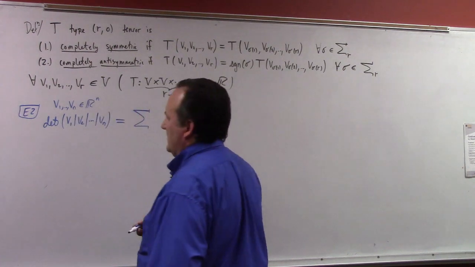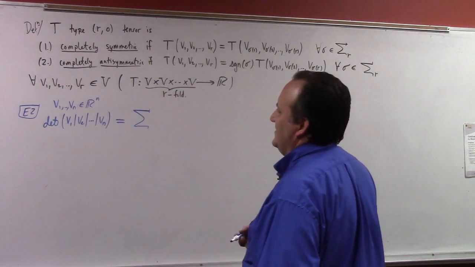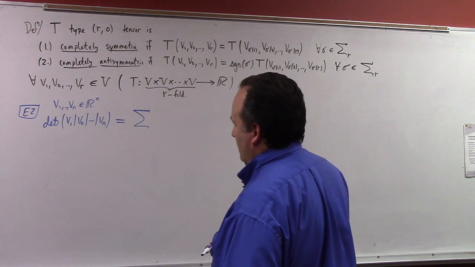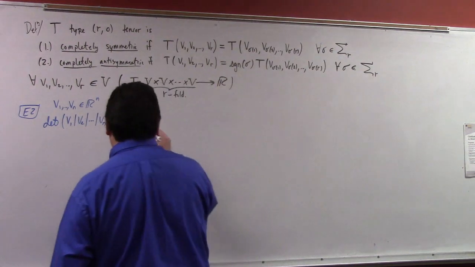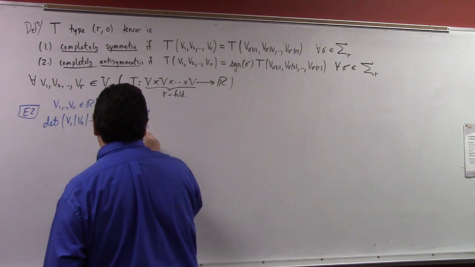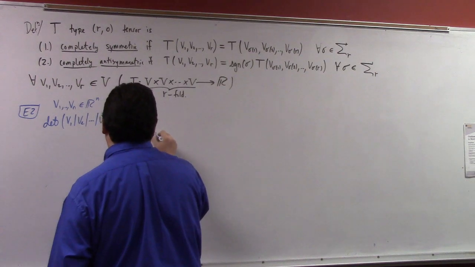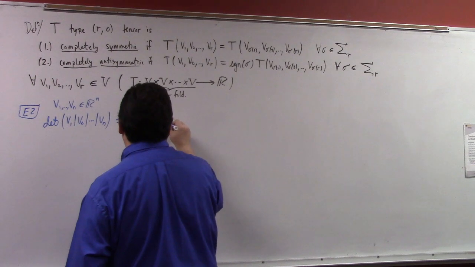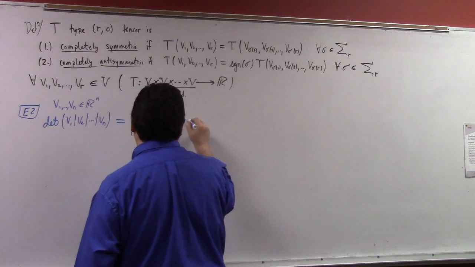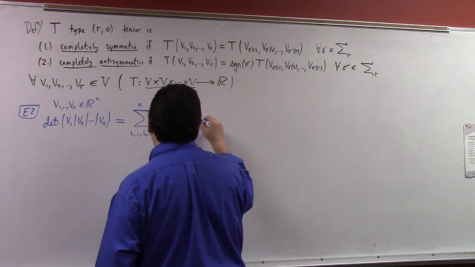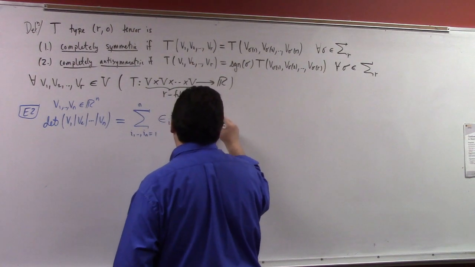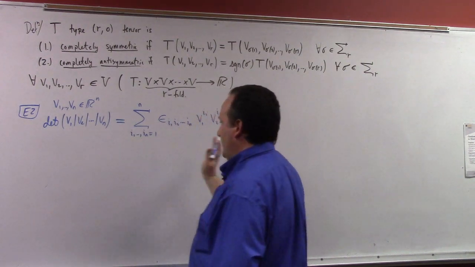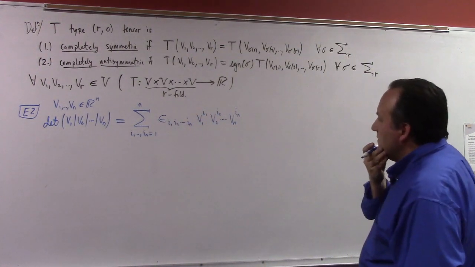I don't know if I know how to write the formula down in permutation. Just a second here. Here's my definition: the sum over I1 through In, 1 to n, of epsilon I1, I2, ..., In, times V1, I1, V2, I2, ..., Vn, In. This is my formula for the determinant, my definition.